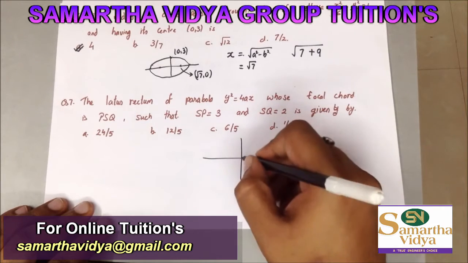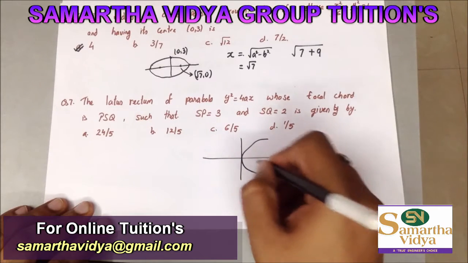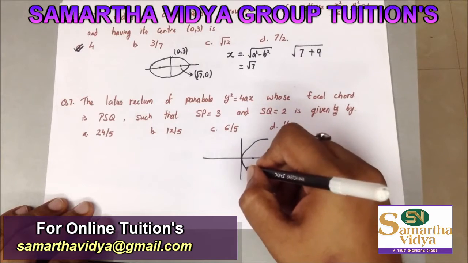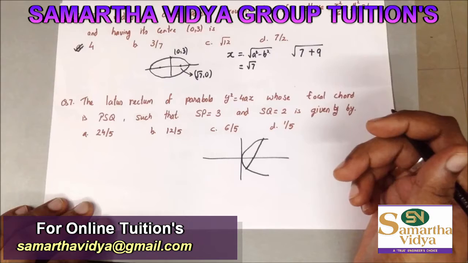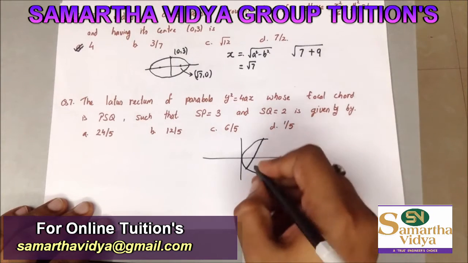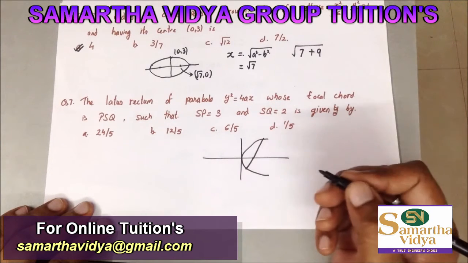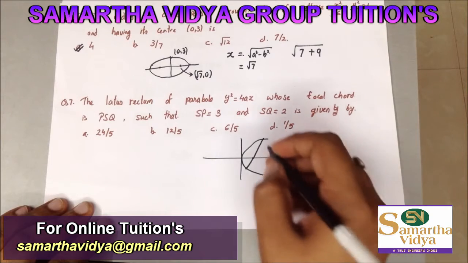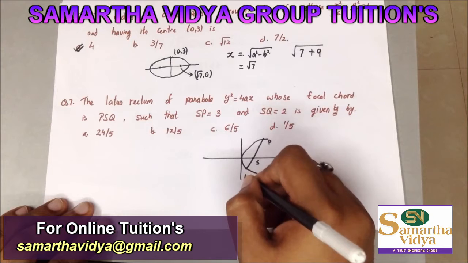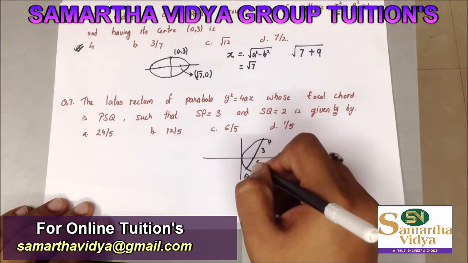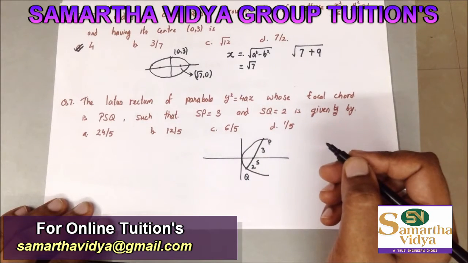If we have this particular parabola, and this is my focus, the chord which is going to be passing through the focus is nothing but the focal chord. So they have given this distance, PSQ. In that we have SP as 3. So this is my P, this is my S, and this is my Q. This distance is given as 3 and 2.